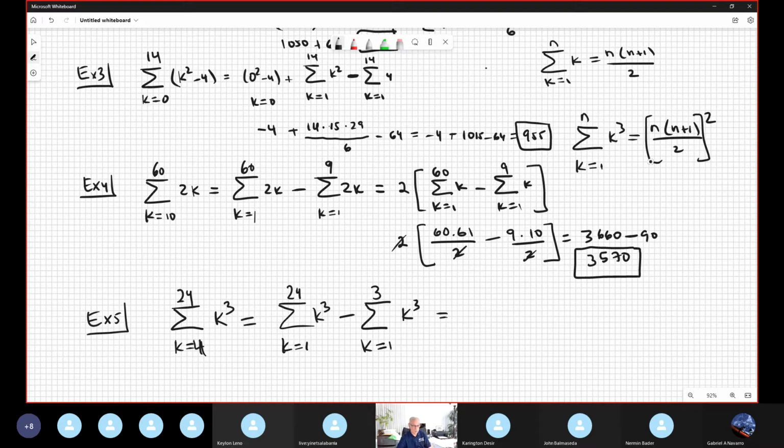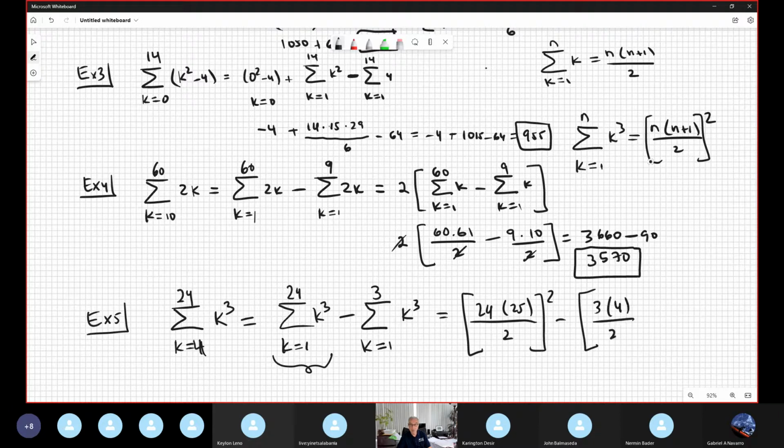Look, it's 24 times 25 divided by 2, squared. This is the first one. And the second is 3 times 4 divided by 2, squared.